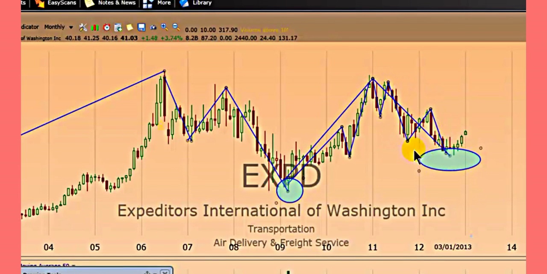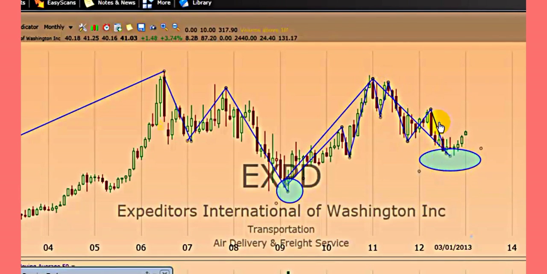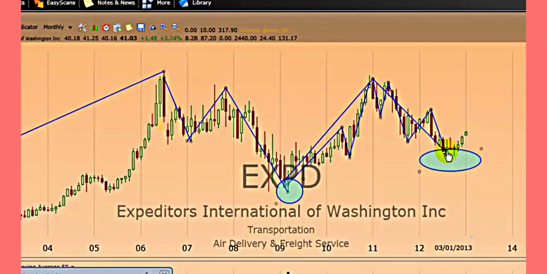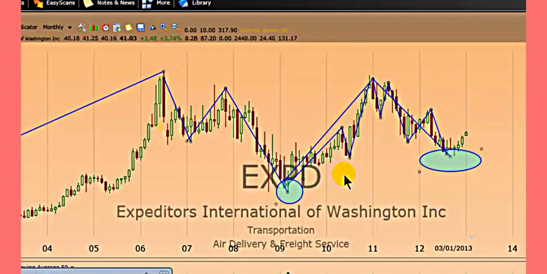This is a corrective wave, so it's normal that they are overlapping in this case, because this is not a motive wave. It's a corrective wave. The low of these 5 waves should not go below the low of the A corrective wave.